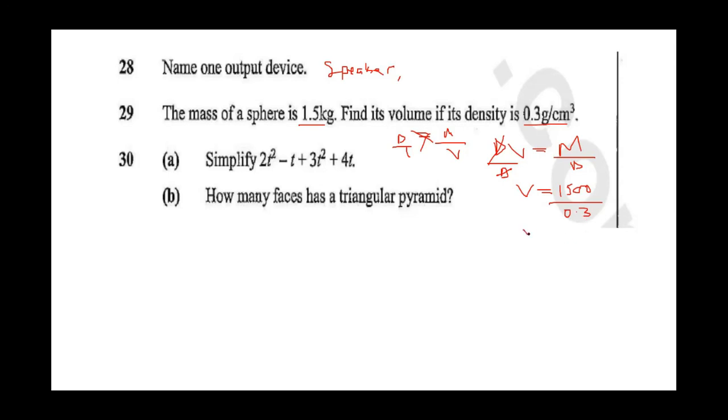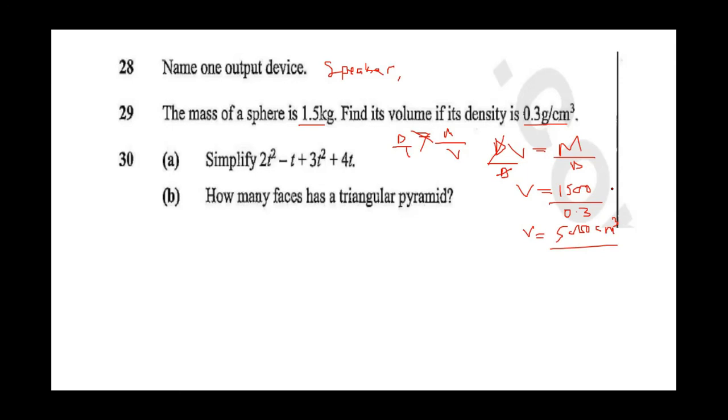So our volume here will definitely be equal to 5,000 cubic centimeters. Here you just have to multiply the down part by 10 and the upper part by 10, then you divide. By now people know those things. All right, we proceed.